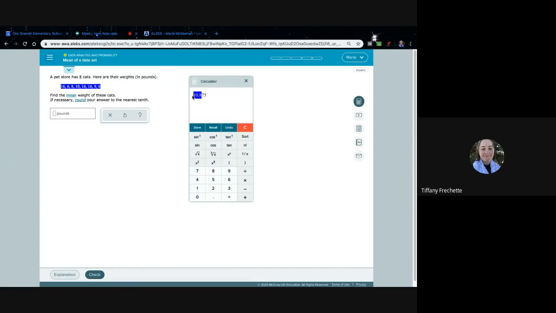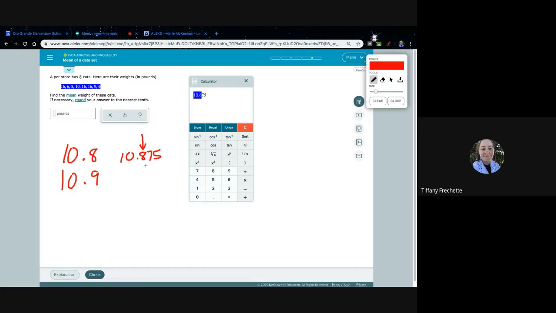So 10.8, like this. But let me grab my pen here. We need to decide, is this closer to 10.8 or 10.9? So that's what we're deciding on the rounding. So now we're going to look at this number. It's in the calculator here. And we know we want to round to this number here. That's the tenth. But we need to look at the number right after it, because that number tells us if we're closer to 8 or 9.